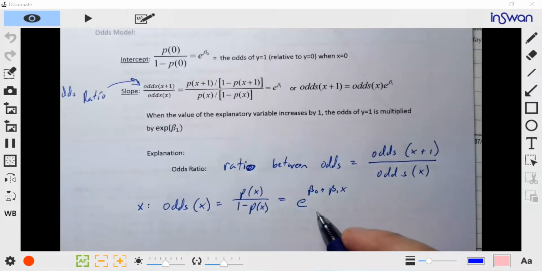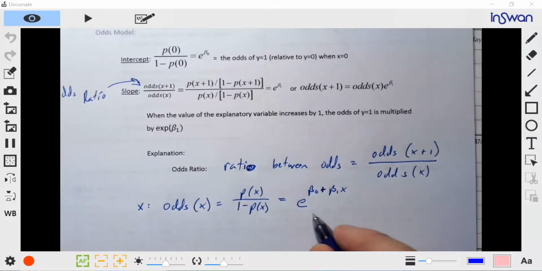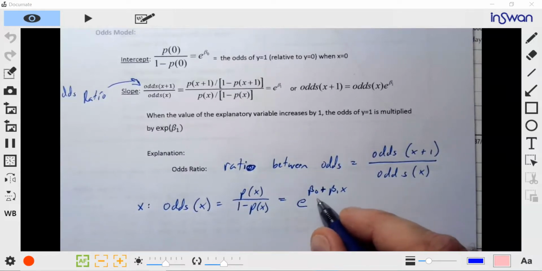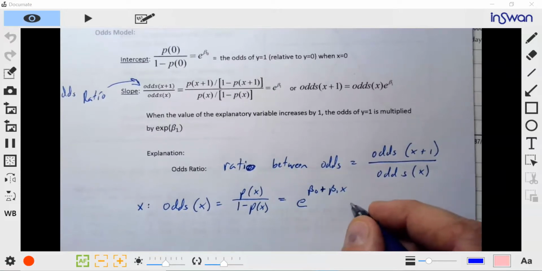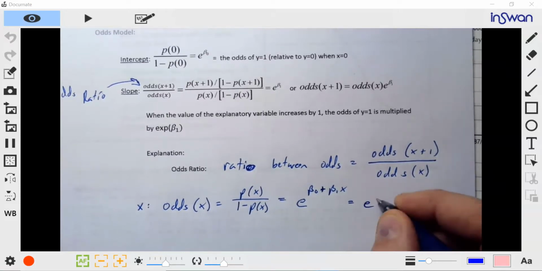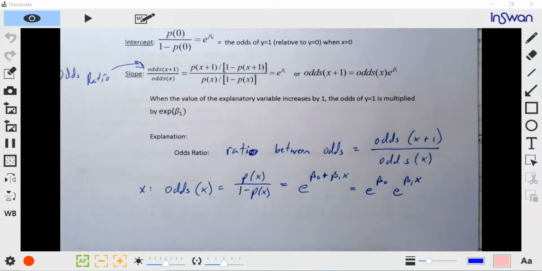And if you remember your math classes on the exponential function, when you have a plus in the exponent, we can break that out as a multiplication: e to the beta 0 times e to the beta 1x. If you have to review your exponential functions, this might be a good time to do that.